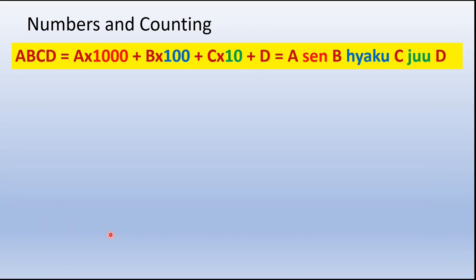Again, the generic formula: a 4-digit number ABCD may be expressed as A times 1000 plus B times 100 plus C times 10 plus D. In the Japanese numeral system this becomes A sen, because 1000 is sen, B hyaku, C ju, D. So ABCD, a 4-digit number in Japanese, will be written as A sen B hyaku C ju D.